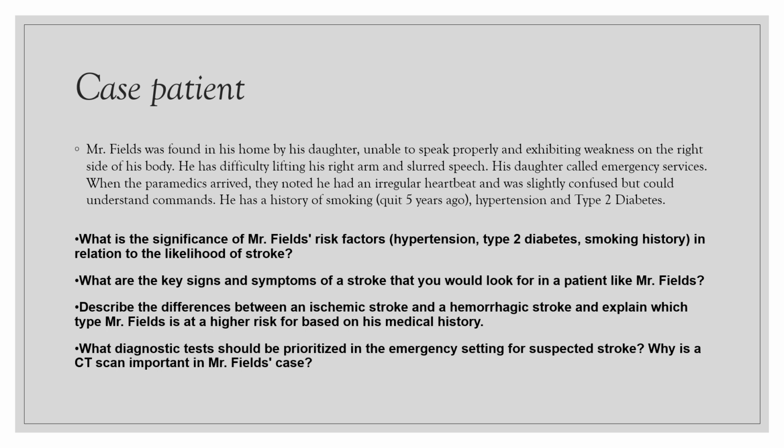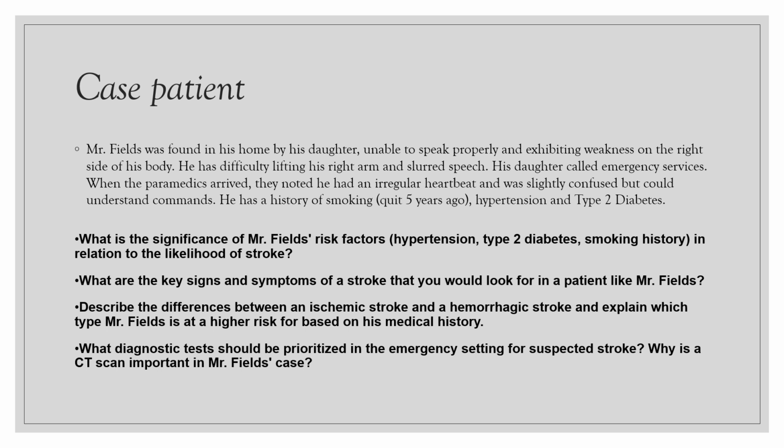So let's look at this and think about each of the following questions. Now pull back what you learned in this lecture and try to answer these questions. So what is the significance of Mr. Fields' risk factors? So he has hypertension, type 2 diabetes, and a history of smoking. So we know that there are certain life choices that can increase the risk for having a stroke, and one of those is certainly smoking, right?